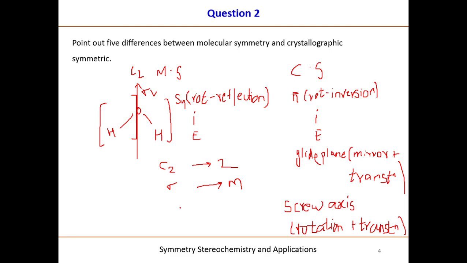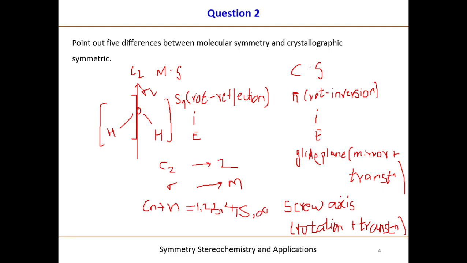And if we talk about the Cn axis in molecular symmetry, we have n equal to 1, 2, 3, 4, 5, 6, 7, 8, up to infinity.